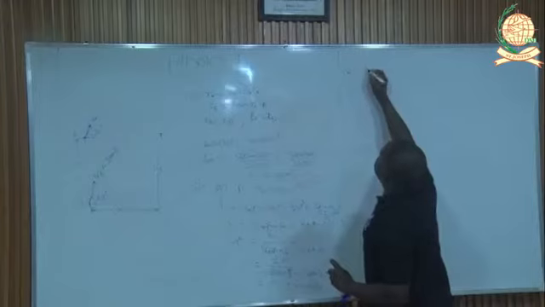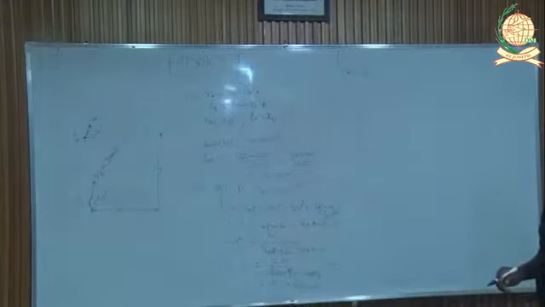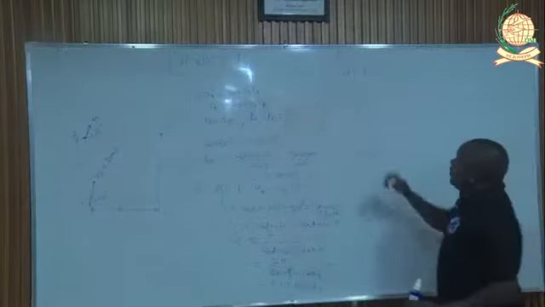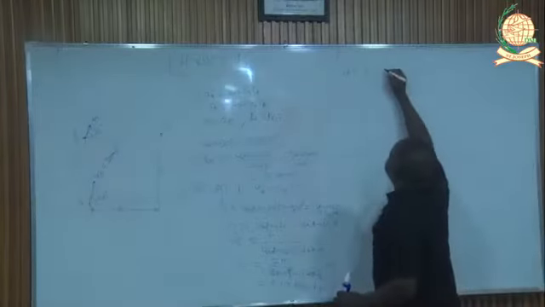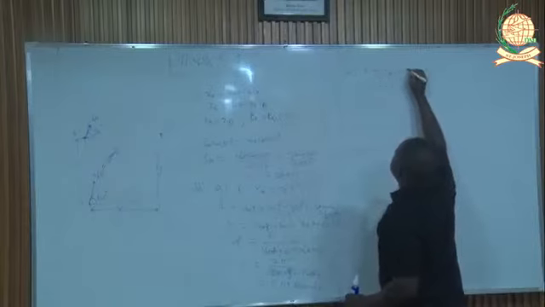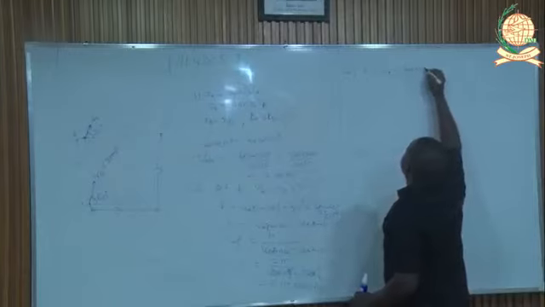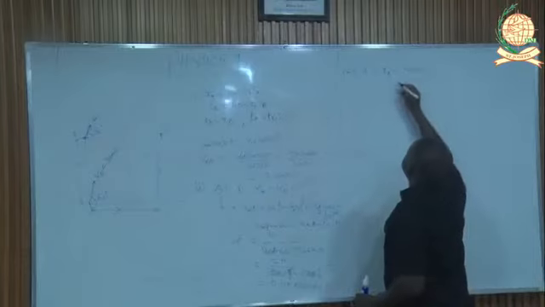Roman 3, x can be calculated by using either particle A or particle B. If I use particle A, this will be equal to V naught of A cosine of theta A times time t.